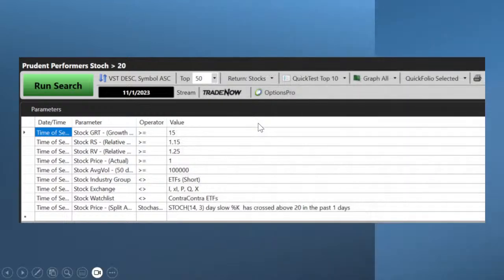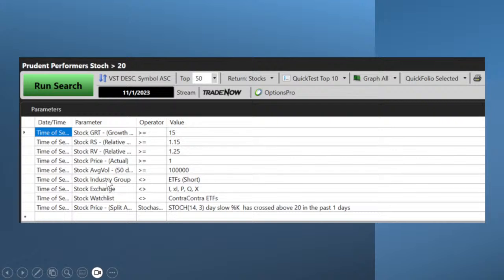So using a scan, the one-by-one method is very time consuming. Using a scan makes things a lot easier. This is just an example, guys, of a scan that you might want to consider. Our prudent performers search is looking for stochastics to have crossed from below 20 to above 20.